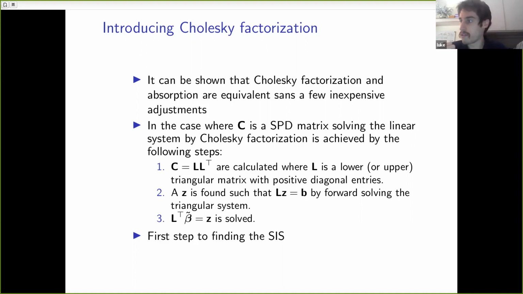The key point is that L is lower triangular, and because it's lower triangular, it's in a really simple form to solve. Then one can use a temporary vector Z and solve that triangular system very simply. Then once again solve the other half of it, and one has the solutions to the MMEs. The Cholesky factor itself is also necessary for finding the traces.